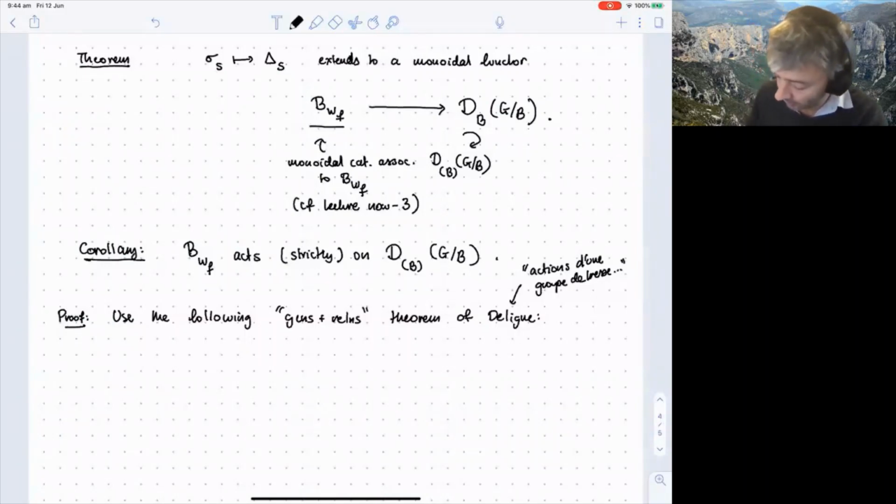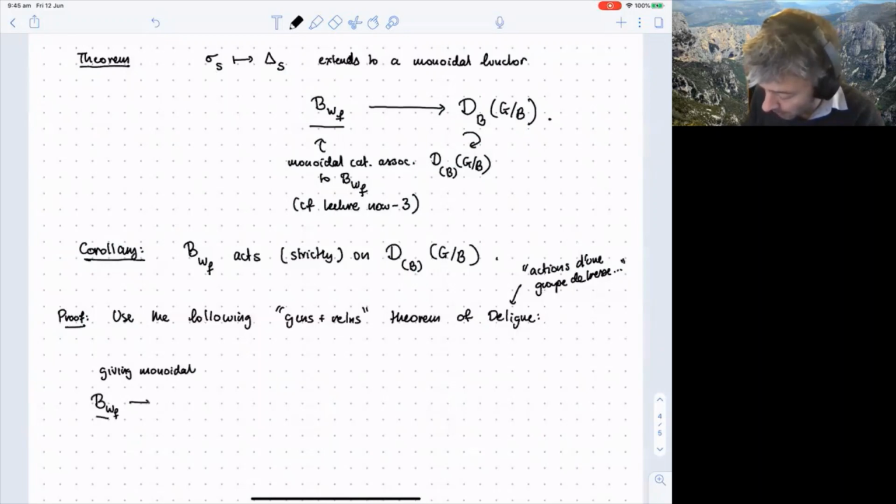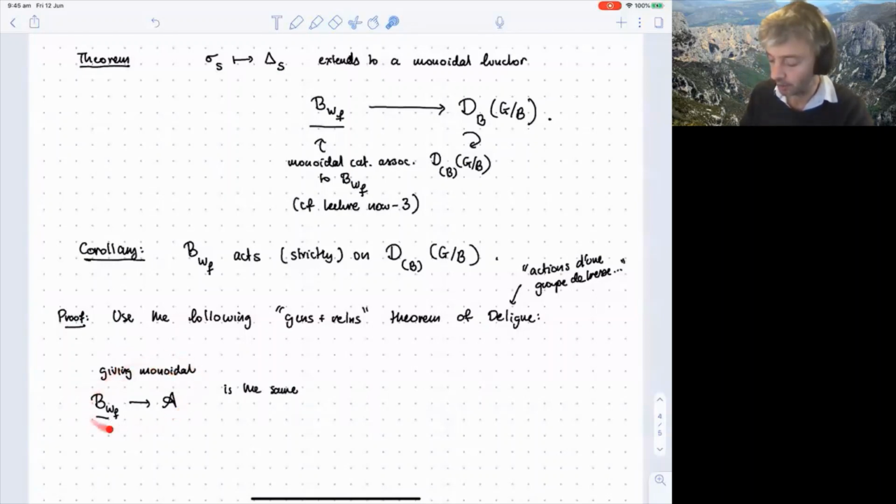And basically what he says is that giving a monoidal functor from this is the same as, so remember that in order to give such a monoidal functor, in theory, we should give a functor for every single element of our braid group together with a whole lot of compatibility data.